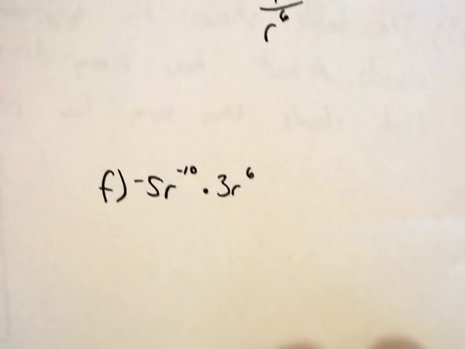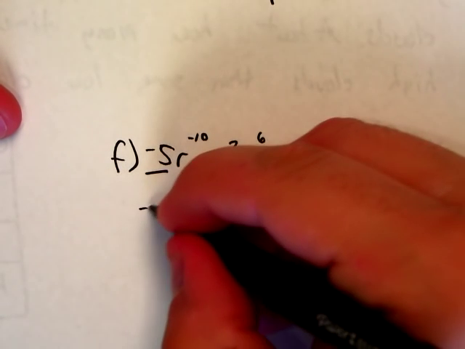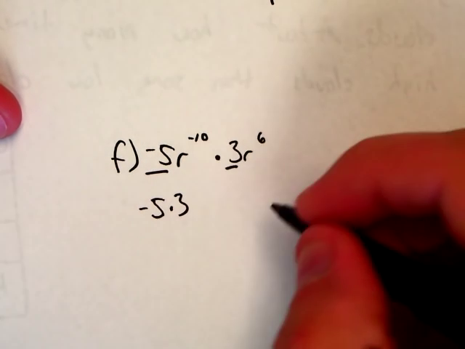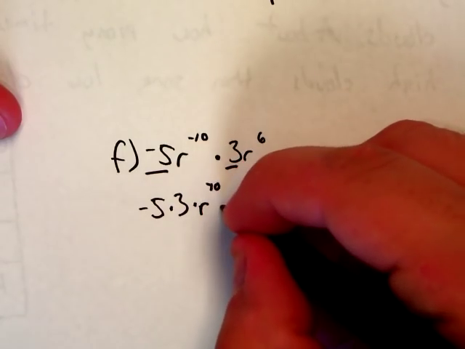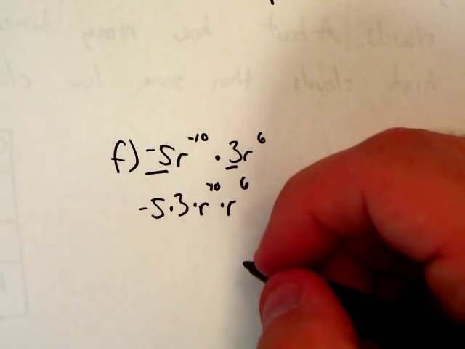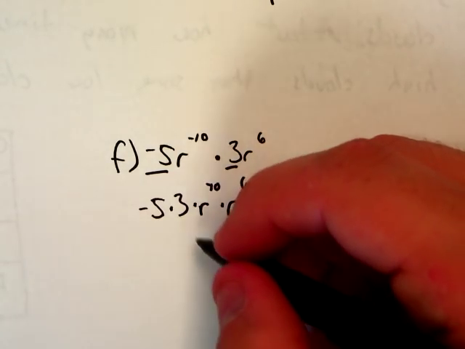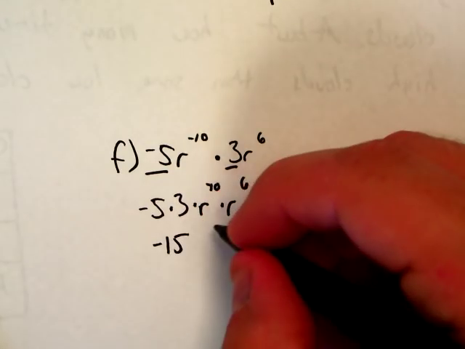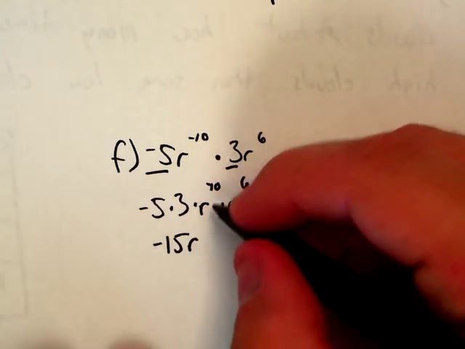Letter F, same process. I'm going to move the coefficients by each other, so negative 5 and 3. And then move my variable terms next to each other as well. Negative 5 times 3 is negative 15. r stays the same, because that's where the base is.